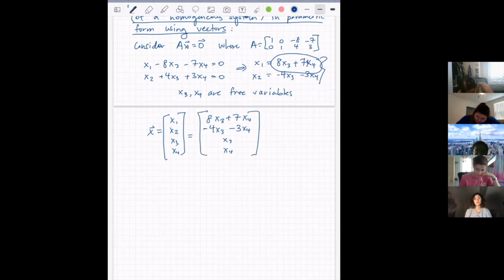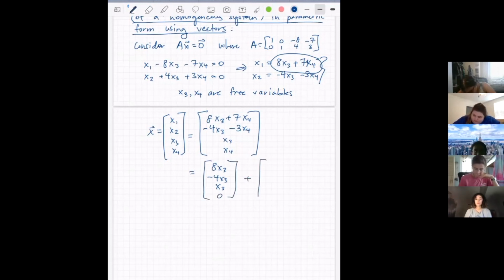Now you can see that there are some terms that involve x3 and some terms that involve x4. So we're going to split them into two different vectors. The first one will be everything involving x3. So we have an 8x3 in that first row, then negative 4x3, then just x3, and there's nothing involving x3 in the last entry, so we'll put 0 there.